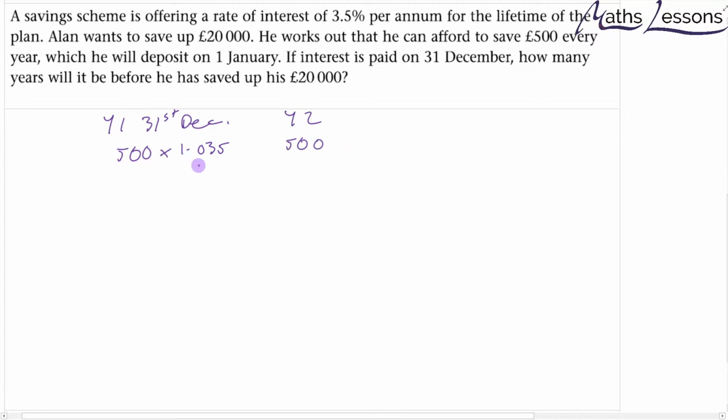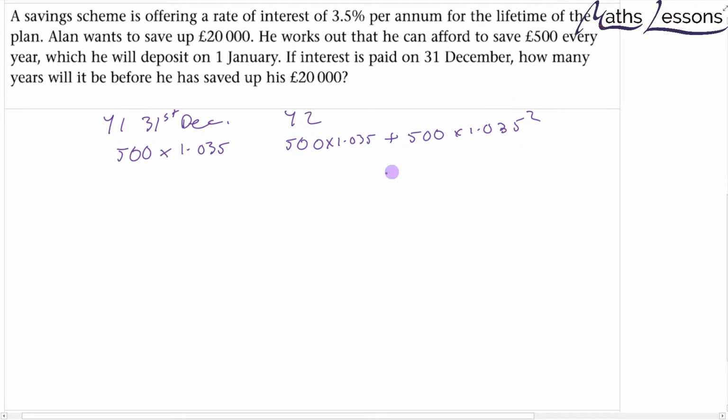And then that's also going to have interest of 1.035 from the whole of that year added on to that. So you could times by another 1.035. So we get this amount times by another 1.035. So that's effectively 1.035 squared. And that's the amount we have at the end of year two.